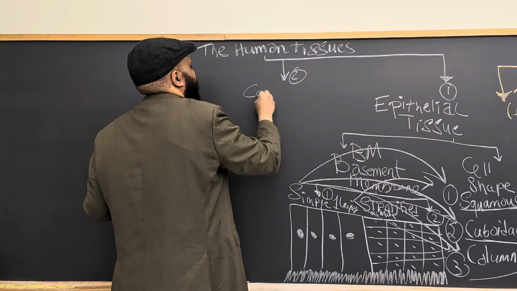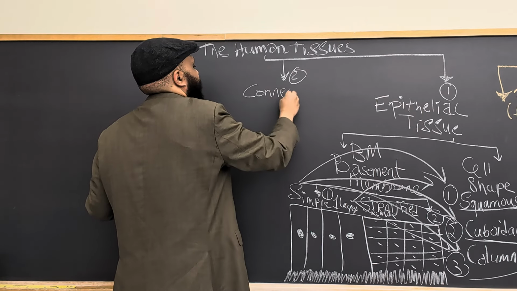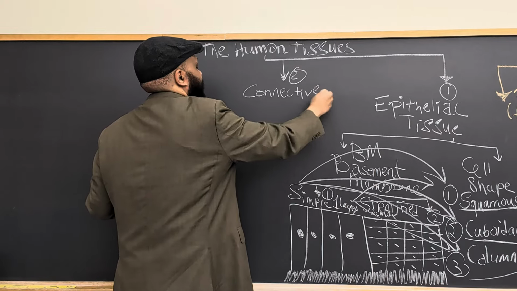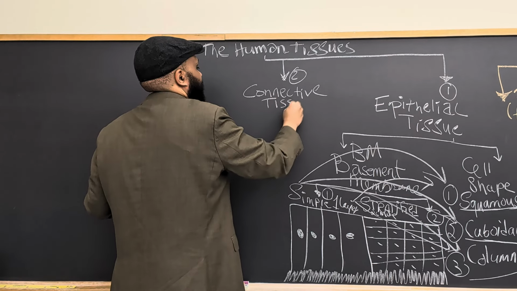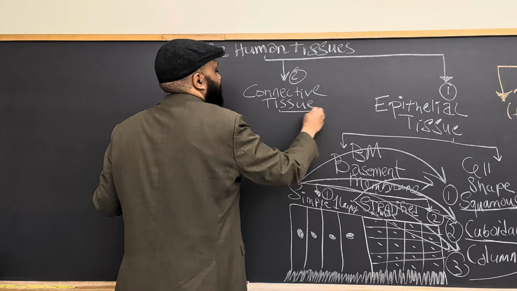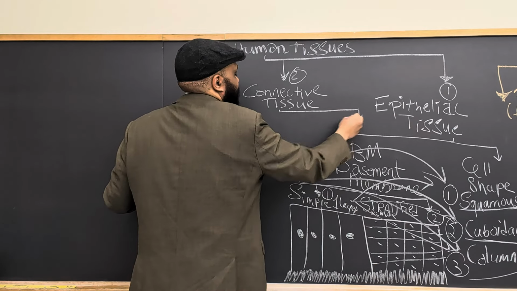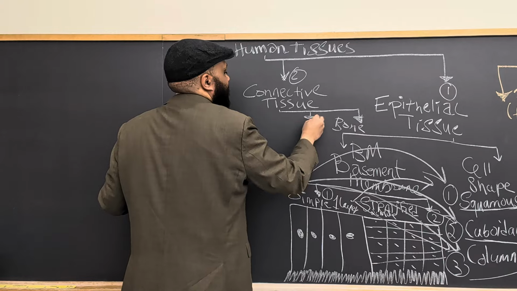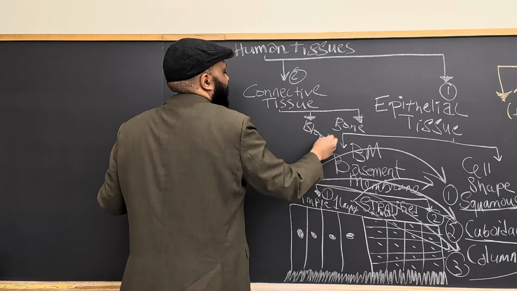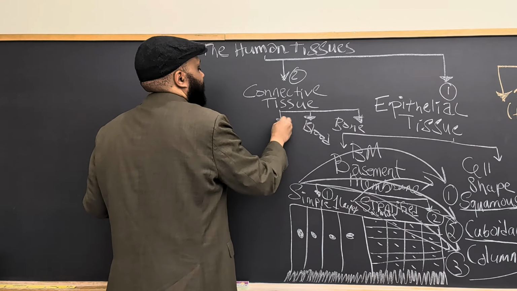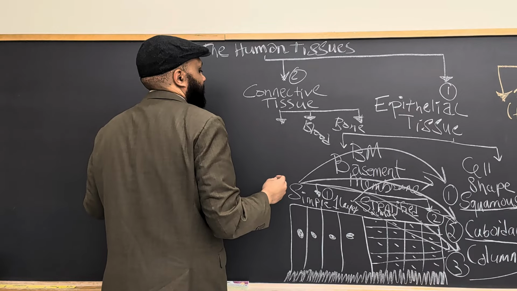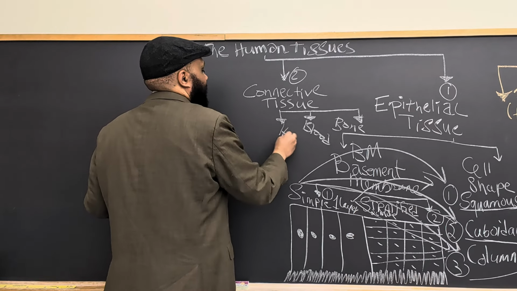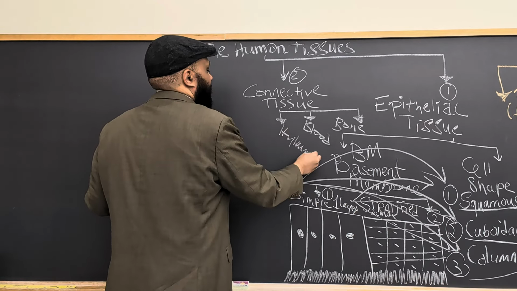Okay. Number 2, we talked about what's the second type of tissue? It's known as the connective tissue. And there are so many different types of connective tissues. Bone tissue is a connective tissue. Blood tissue is a connective tissue. And there is hyaline cartilage.